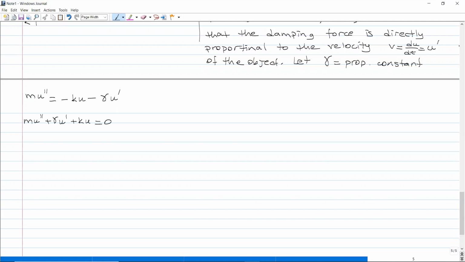So this is again homogeneous second order ordinary differential equation with constant coefficients. A constant, and all the constants are positive.